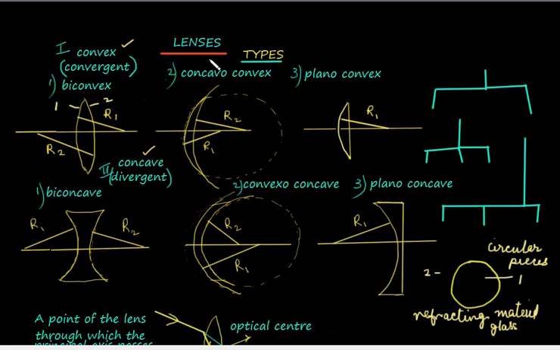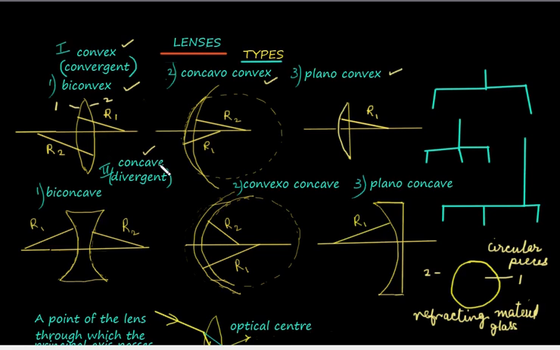Now let us see the classification of lenses. Just as we said earlier, there are two types, convex and concave. Convex lens is otherwise called convergent lens and concave lens is otherwise called divergent lens. The convex lens is further classified into three types: biconvex, concavo-convex and plano-convex.